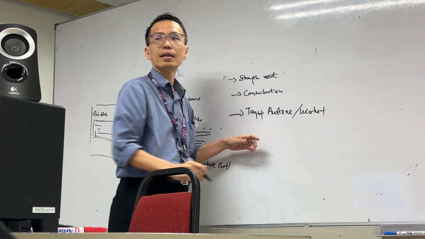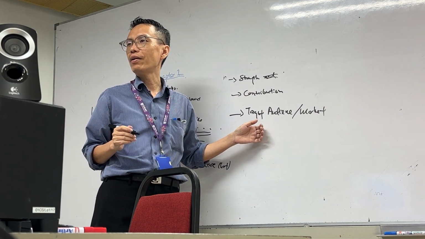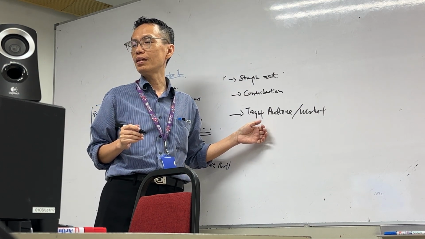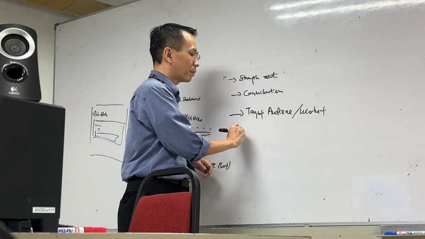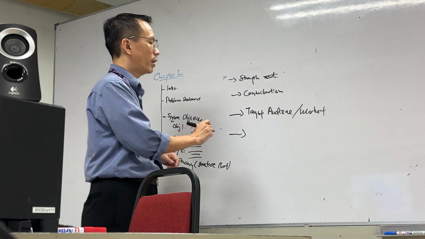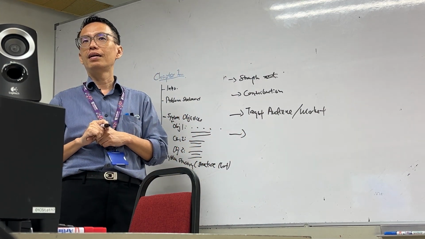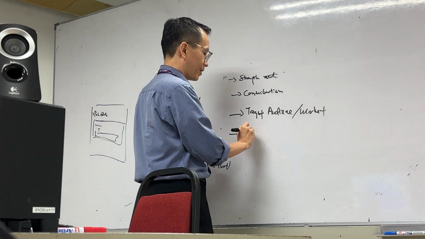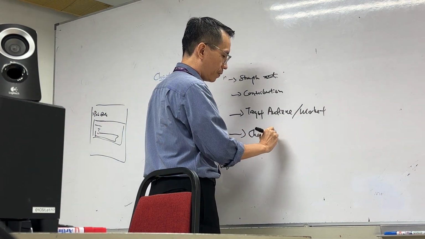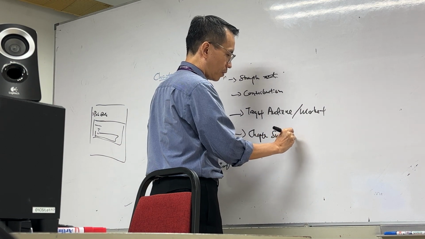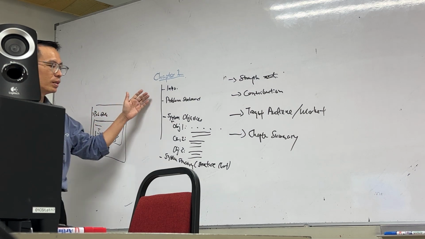Who is the person or area your project, your program, is targeting? And then summary, chapter summary. You should have at least all these things.